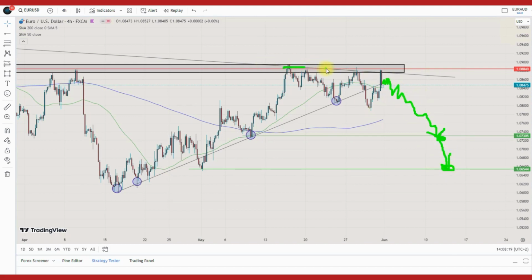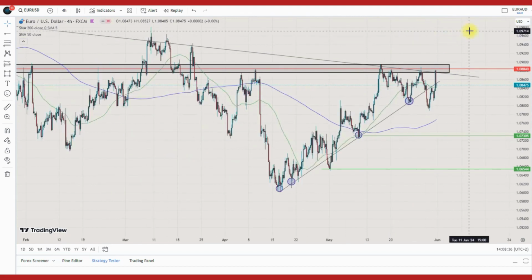So I'm in a sell setup on EUR/USD unless this level breaks, that is 1.08840. Unless the 1.08840 breaks, I won't be looking for a buy setup on EUR/USD.